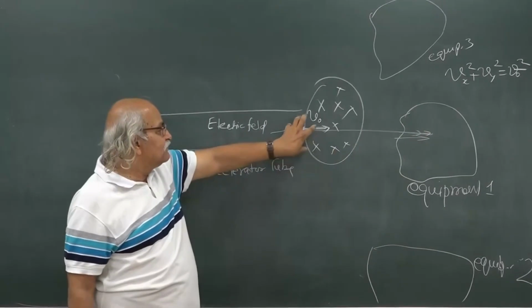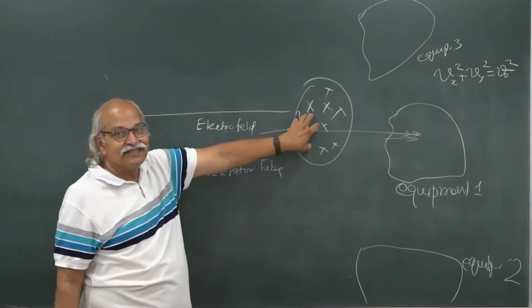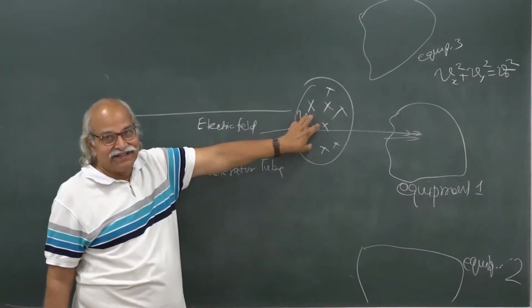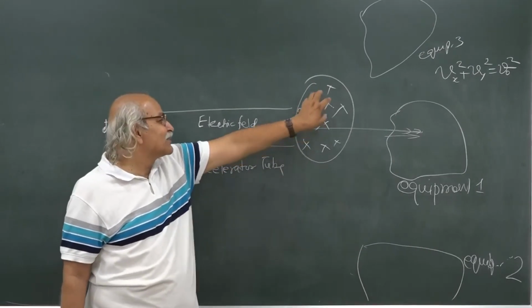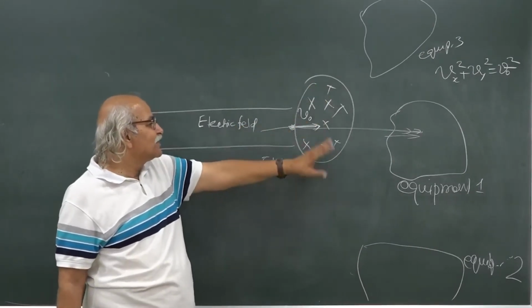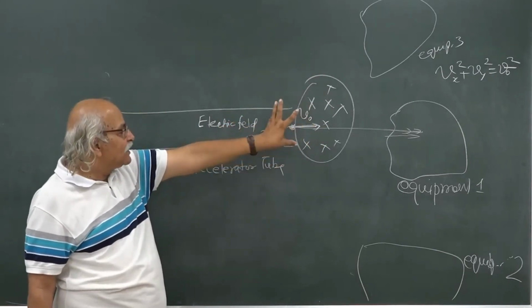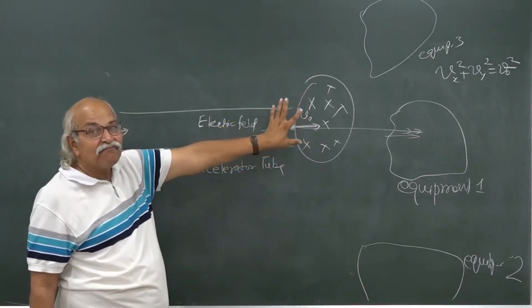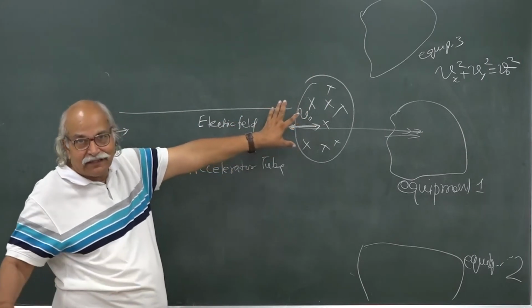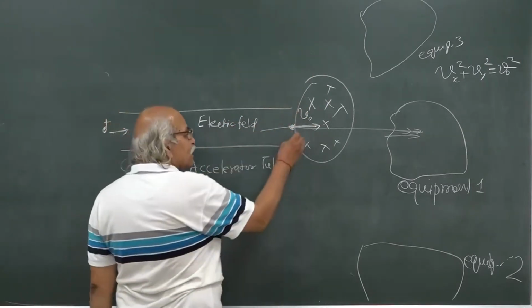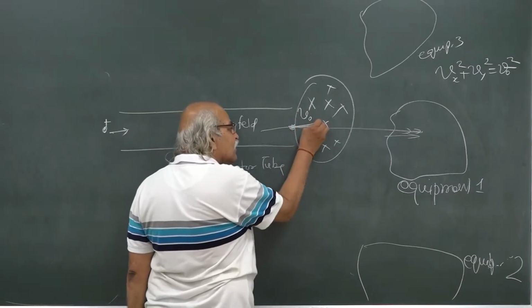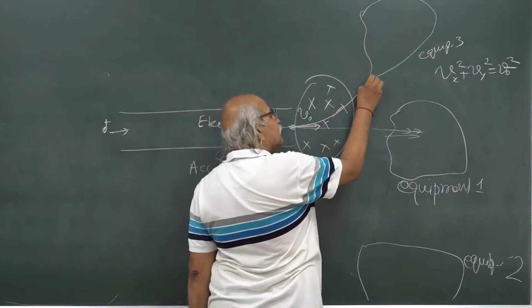But if the magnetic field is applied, then it will bend. Depending on the direction of the magnetic field, it can bend downward, it can bend upward. You can adjust the magnitude of the magnetic field because it is controlled by the currents, and then you can make it bend and go straight into this equipment.